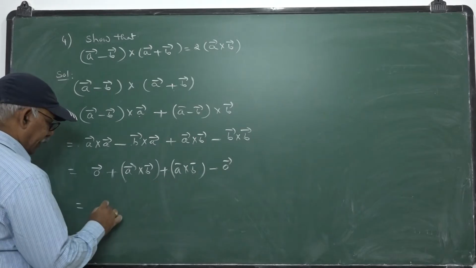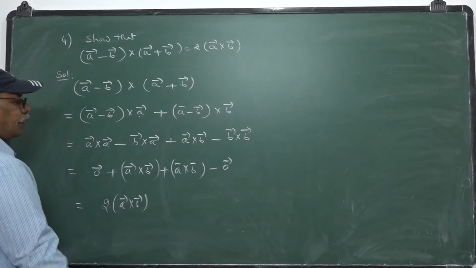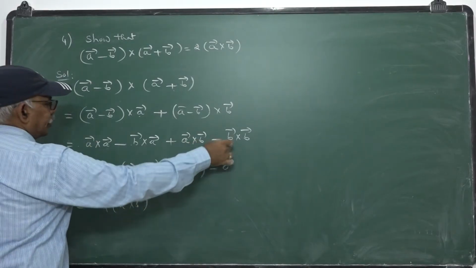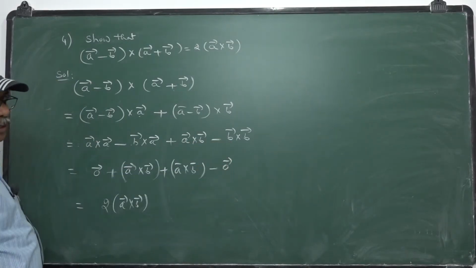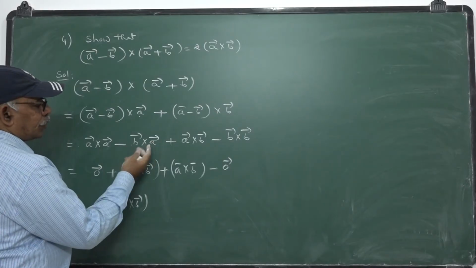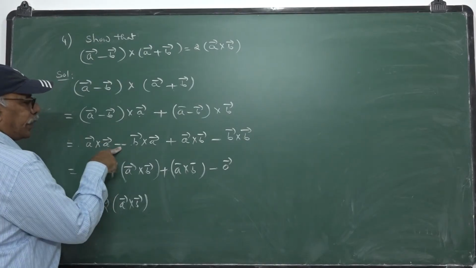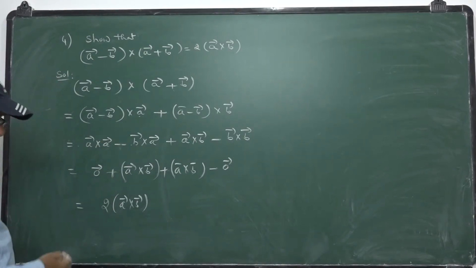These two are similar vectors, so it is twice A bar cross B bar. This is 0 and this is 0, since the cross product of the same vectors is 0. Again, interchanging the vectors in the cross product changes the sign of the vector, so it becomes plus here. Hence LHS equals RHS.